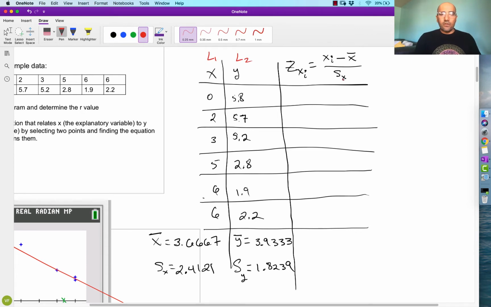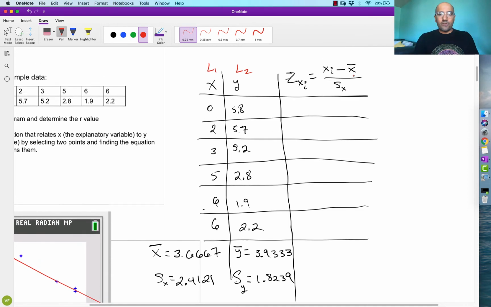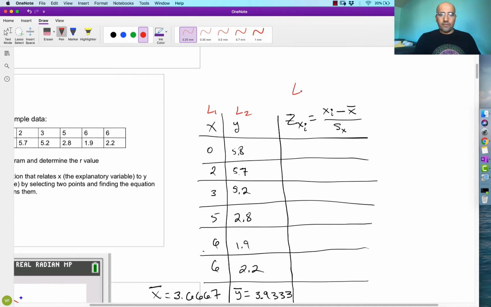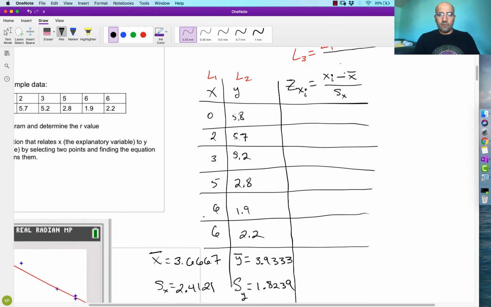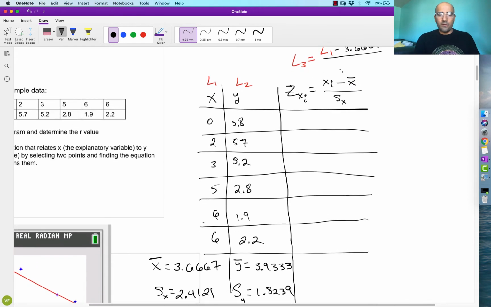So what I'm going to want to do is create a new list here, list 3, which is equal to list 1 minus the mean, which was 3.6667, divided by the standard deviation for the x, which is 2.4121, getting it from down there.